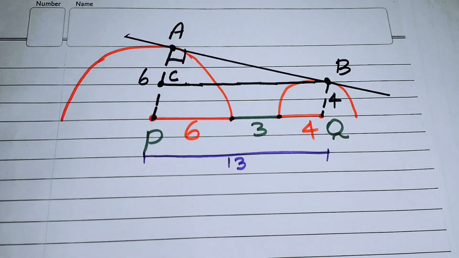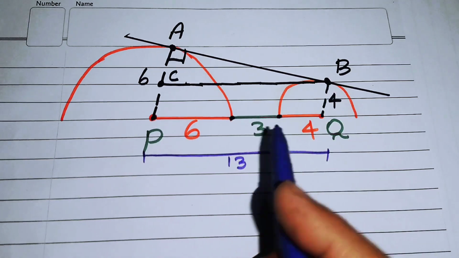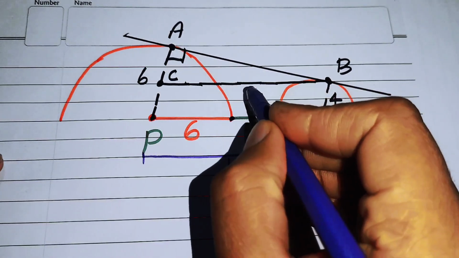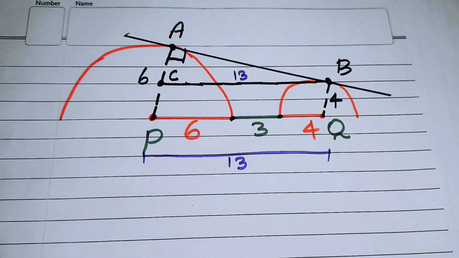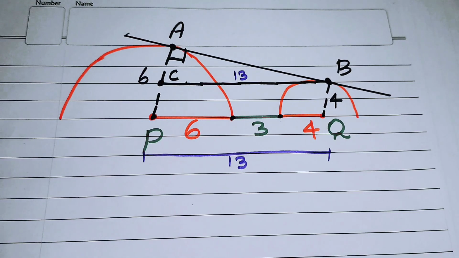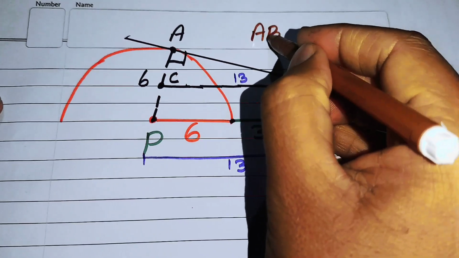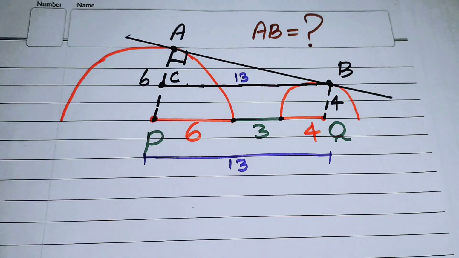Our BC line is parallel to the PQ line, so this distance is also 13. And remember that this diagram is not 100% to scale, so please ignore this error, because we are finding the length of the tangent line AB.